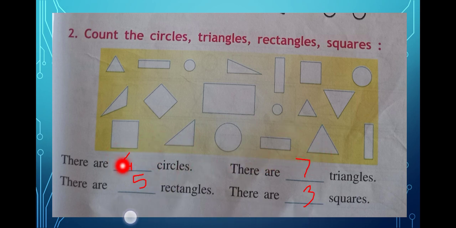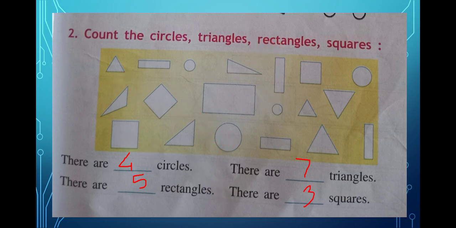You add all this. 4 plus 5, 9, isn't it? 9 plus 7 is 16. 16 plus 3 is 19. So total figures 19, and we have written about all the 19 figures. We have not left any of the figures. So this one no need to color, only you will be writing.